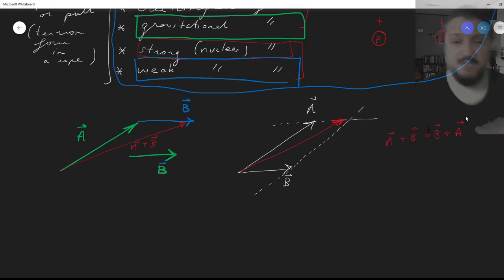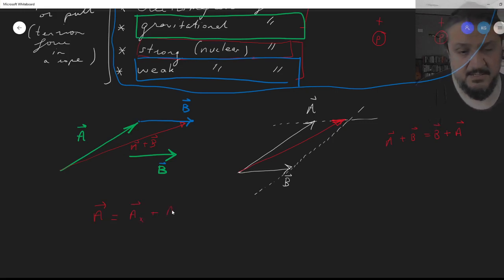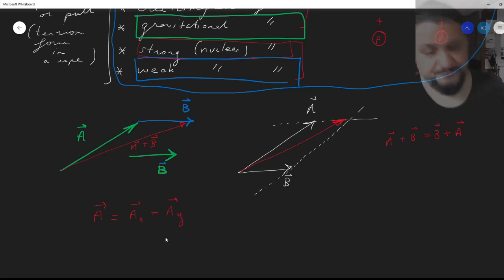Let me also summarize the idea of components. Any vector can be written as the sum of two vectors, and this is in part 2 of those videos. We call these the component vectors, and we give them names like x and y, or Ax and Ay.